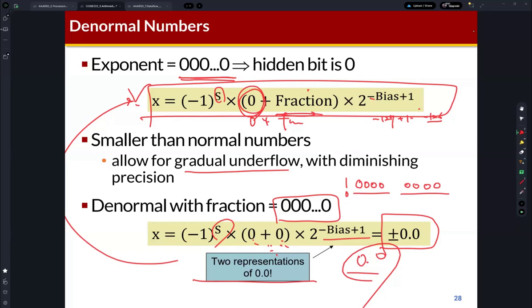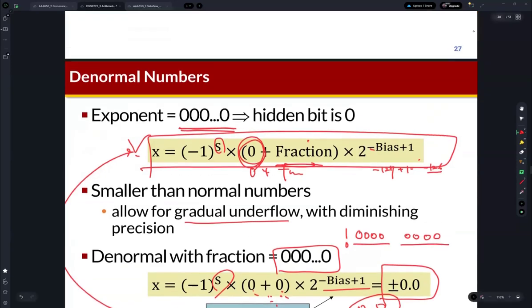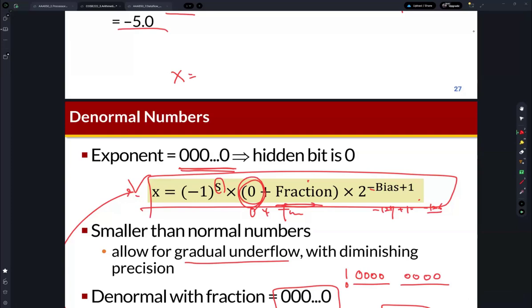So for floating point numbers, we have two representations of 0, plus 0 and minus 0. If you see this, you can understand why we don't use the normal number format here. If we just used the normal format, (-1)^s times (1 plus fraction) times 2 to the power of exponent minus bias, and the exponent is 0 and the fraction is 0, then the real number is 1.0 multiplied by a very small number, plus or minus.